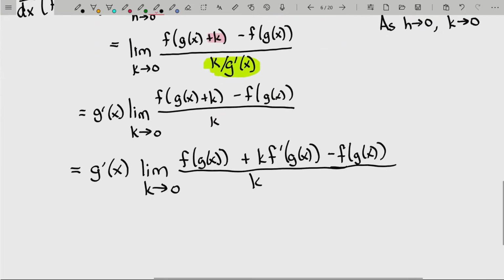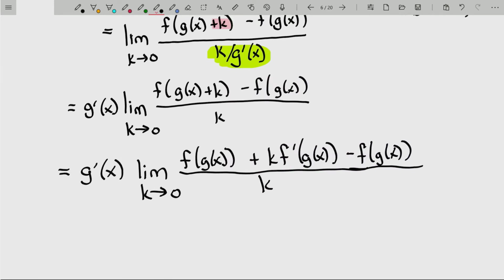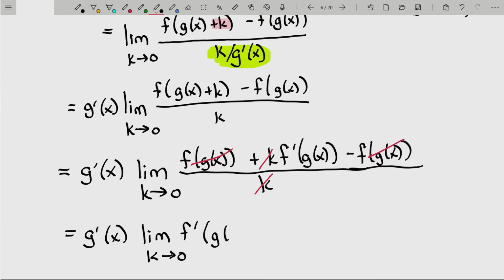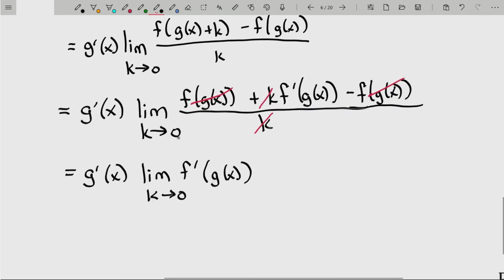Now I just have arithmetic. f of g of x minus f of g of x, those cancel beautifully, and therefore we can cancel these k's, and you have g prime of x times the limit as k approaches 0 of f prime of g of x. You don't see a k in there anymore, so it's just a constant. We're told that f prime exists at g of x, so that's just a number.